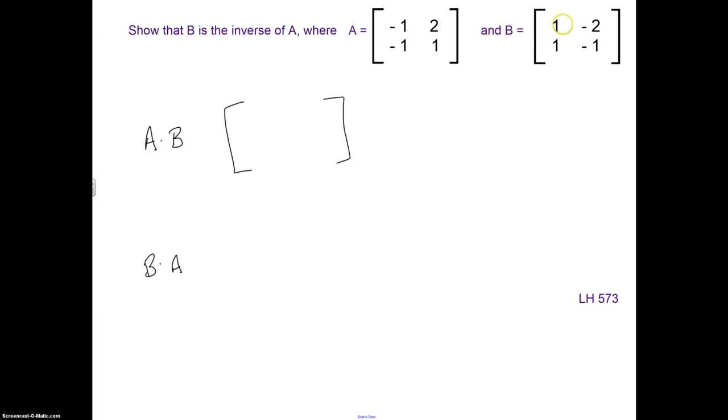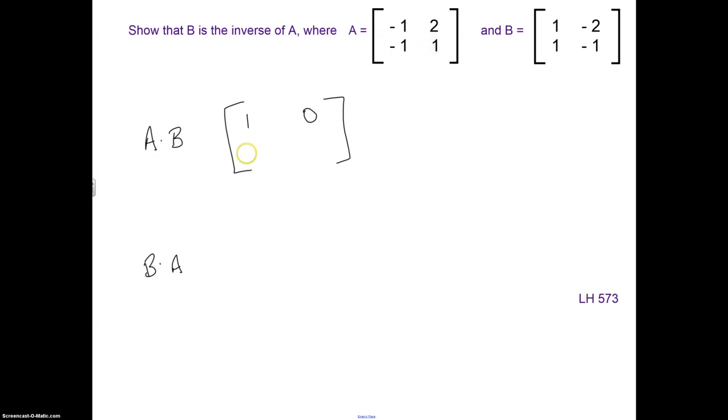Remember that. So negative 1 times 1 is negative 1, plus 2 times 1 is positive 1. Let's go for this element here. It's going to be negative 1 times negative 2 is 2, plus 2 times negative 1 is negative 2, so 2 plus negative 2 is 0.